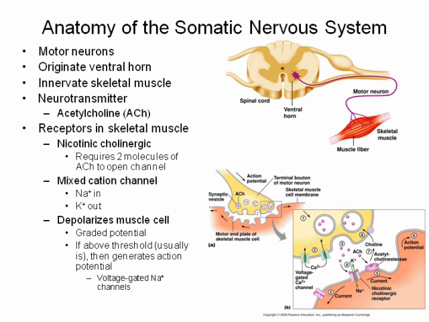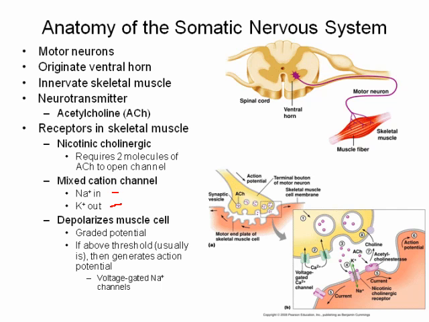And the ion channel is what we call a mixed cation channel. A cation is a positively charged ion. And it's called mixed because it allows both sodium and potassium, two different cations, to flow through it. Sodium is, of course, more concentrated outside the cell than inside the cell, and potassium is more concentrated inside the cell than outside.